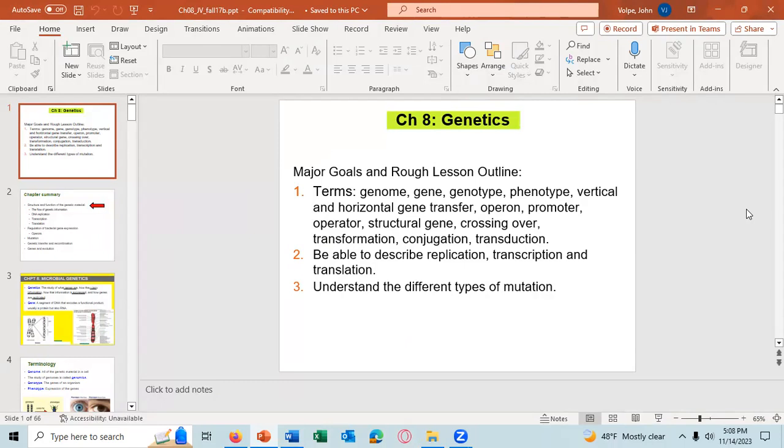What is an operator? What is a structural gene? What is crossing over? What is transformation, conjugation, and transduction? To be able to describe DNA replication, RNA transcription, and protein translation. We'll talk about all of those in this lesson. And then 3, understand the different types of mutations. Any question about what we're going to be covering?